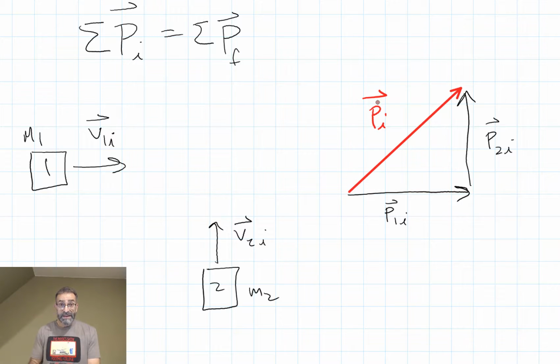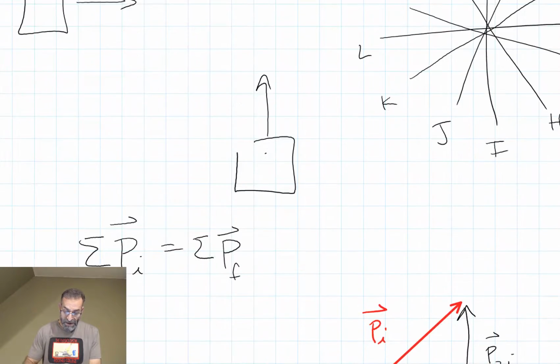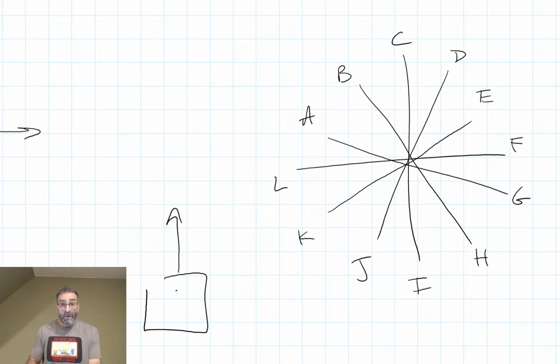Of course, this is only true if the momenta are approximately equal at the beginning. What happens if I make the momentum of object 2 much bigger? Let's make it 10 times bigger by keeping the velocity the same and making it much, much more massive. What direction will the final momentum be now?